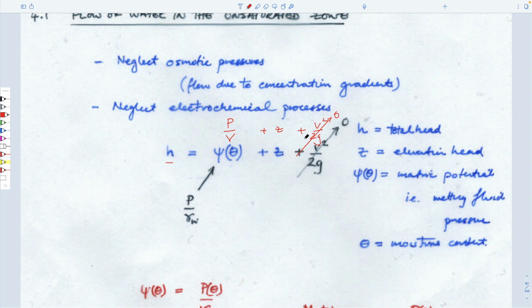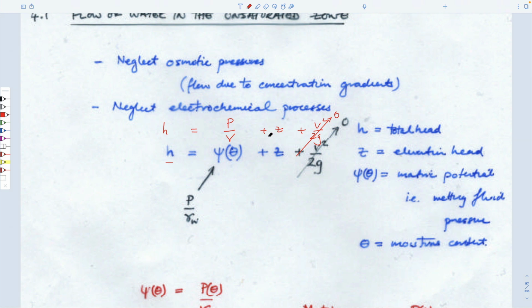We don't care what it is. Velocities are so slow in porous media that inertia is not an important component, and we only worry about these two things together. We talk about them both together because this is the swimming pool effect that we're talking about. If we have a vertical pressure gradient in a swimming pool, we know that that's not flowing. It's a static fluid, and therefore to look at that transmission we have to think about that.